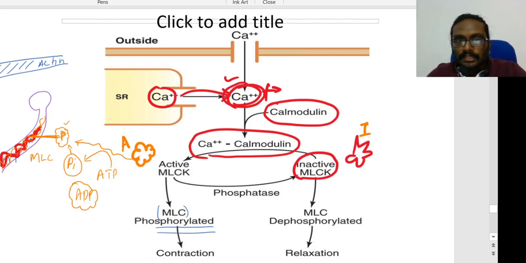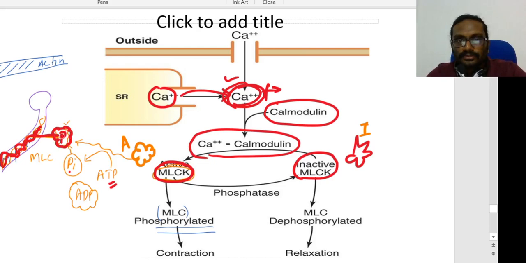But here, we have a separate kinase. In smooth muscles, we have a kinase, a protein which actually breaks down ATP and takes out the phosphate, and the phosphate is planted on myosin light chain.